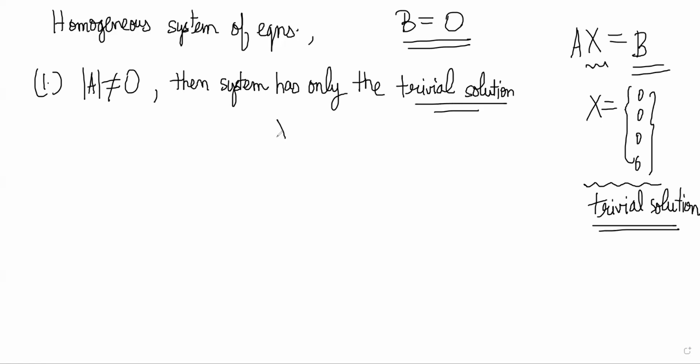Because X was A inverse B, but B is 0. So there is only 0 there. A inverse B is defined, but the problem is that B is 0. So the solution always comes as only the trivial solution, right? This is the first case, and here we will say that there is one solution which is the trivial solution.